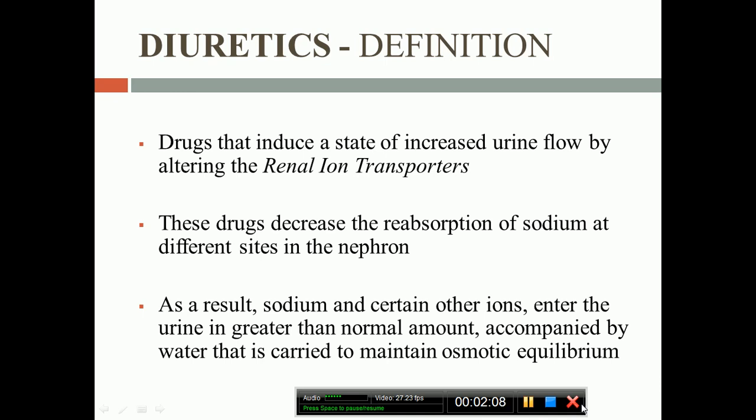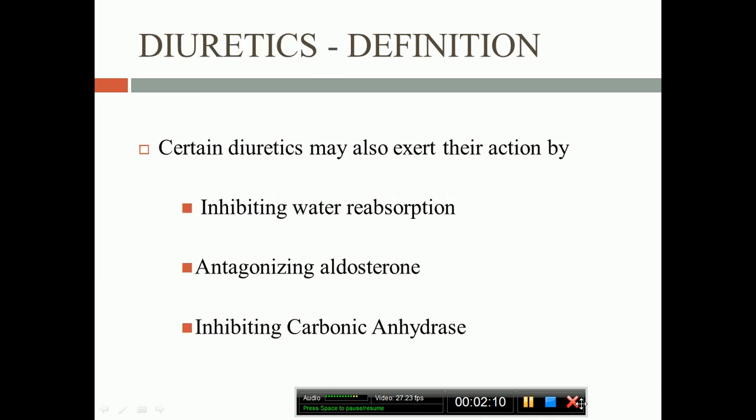So that is how diuretics act in the body. Not all the diuretics actually alter this sodium transporter. Certain diuretics have an effect on water reabsorption, while others antagonize aldosterone, and yet others have other target organs or target enzymes, for example, carbonic anhydrase.